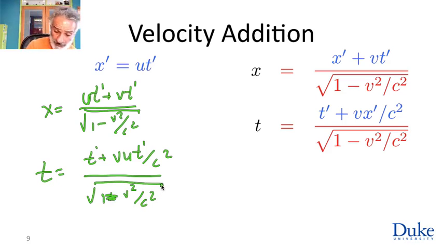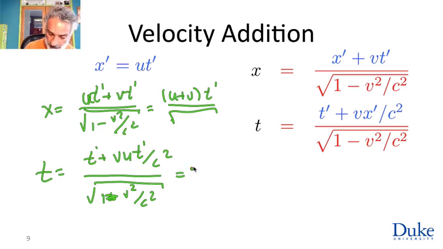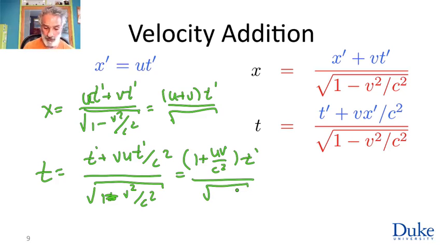And what does that tell me? Well, x is equal to u plus v, just as it was in the Galilean case, except with this funny square root there. And t is equal to t prime times 1 plus uv over c squared, divided by the same square root. So indeed, x is some number times t.